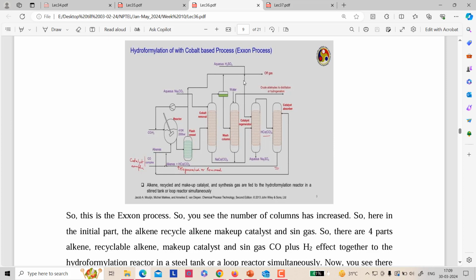Then it goes into catalyst regeneration where H2SO4 is added, and the catalyst is recovered from the top and aqueous sodium sulfate is precipitated at the bottom. So this is the catalyst absorber, the absorption column where the catalyst is absorbed.